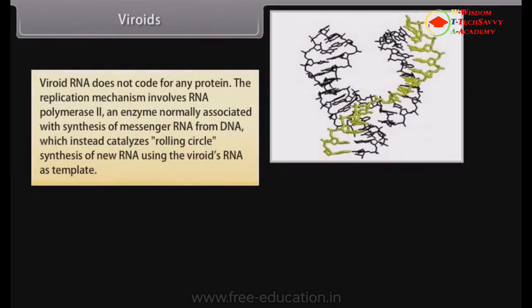Viroid RNA does not code for any protein. The replication mechanism involves RNA polymerase II, an enzyme normally associated with synthesis of messenger RNA from DNA, which instead catalyzes rolling circle synthesis of a new RNA using the viroid's RNA as template.